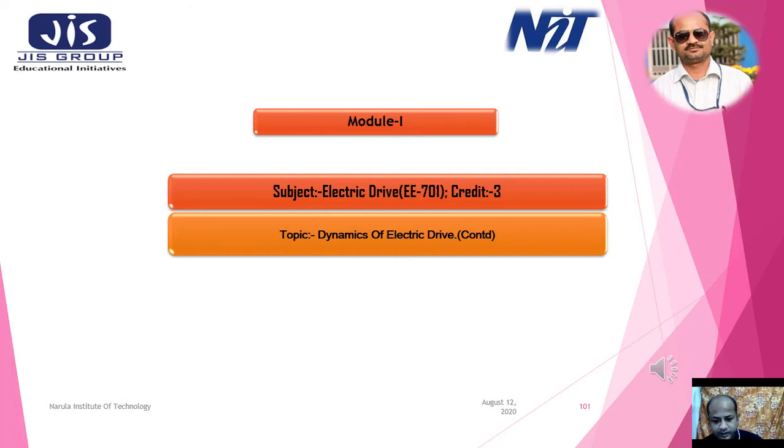And regarding this, we are going to cover the equivalent values of drive parameter for rotational load, for translation load, and then we will discuss about different characteristics and nature of different load which is connected to the shaft of the motor, and we will discuss steady state stability and transient stability.